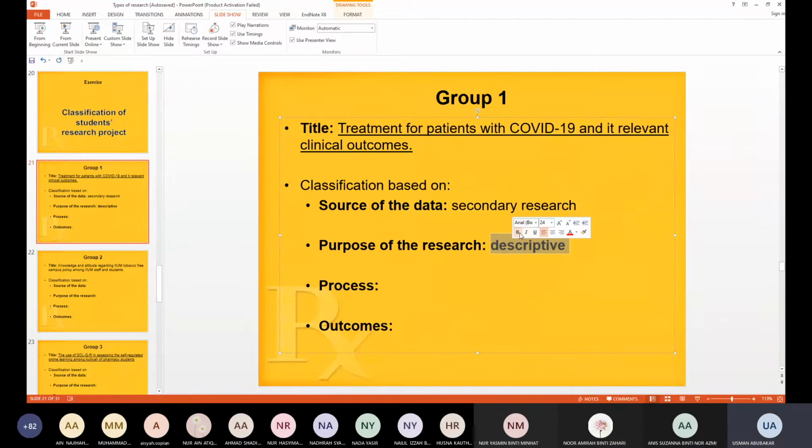How about the process? Qualitative, quantitative, mixed method. Undecided yet. All right, but what do you think it should be? Do you want to include both qualitative and quantitative studies? I'm not saying this is a fixed thing. It's just for you to learn how to classify the research based on the criteria we discussed earlier.